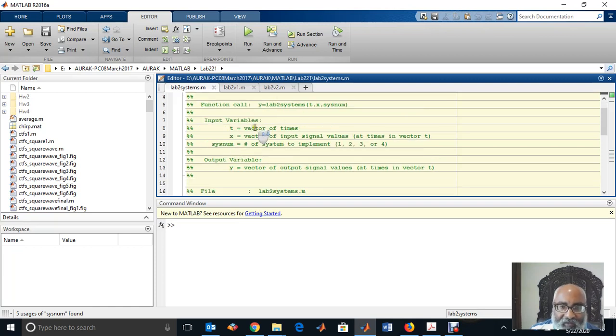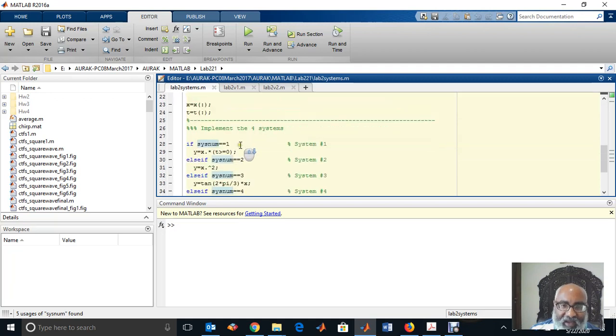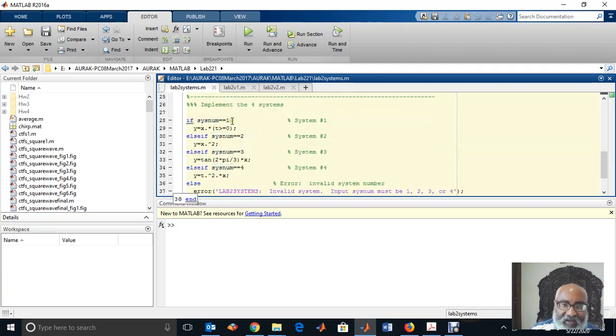Okay. Then after that, I have this one. It will check which system number you put here. If the system number is 1, then this is the expression for the output y. So y is equal to x times (t greater than or equal to 0). T greater than or equal to 0 means u(t), because it will be 1 for t greater than or equal to 0. So that means this is x(t) times u(t), which I did before.